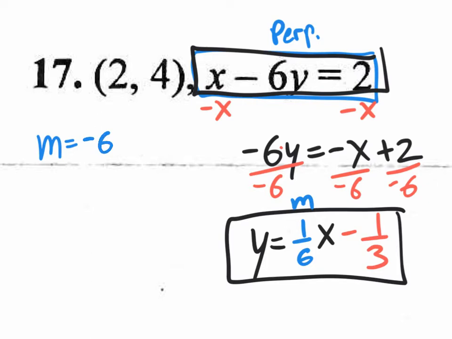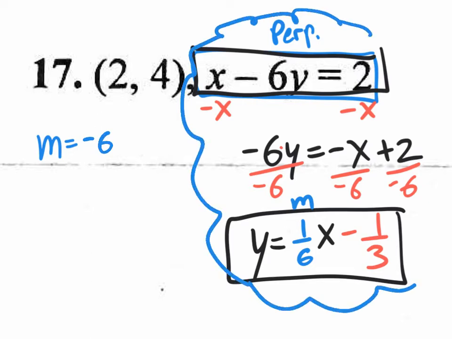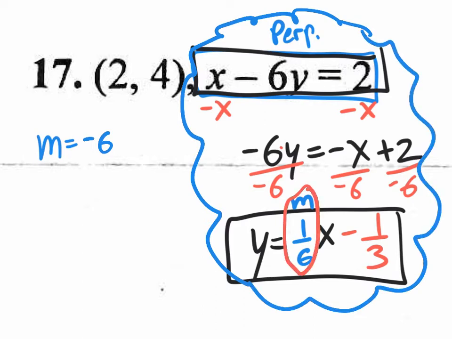Does that make sense? All of this work right here, guys, why did I do it? Just so I could find the m value. And once I found the m value, because I know it's perpendicular, I know I'm going to change it to a negative and flip the fraction, and that's how I get negative 6 over 1, which is negative 6.